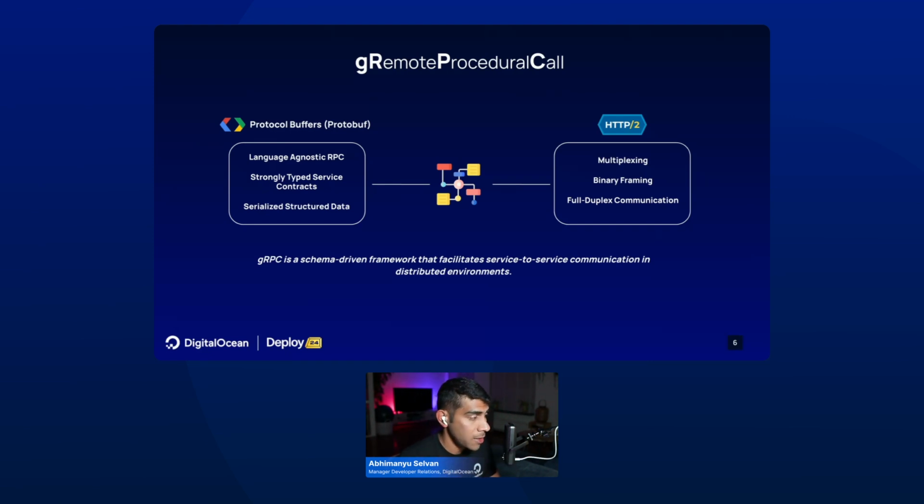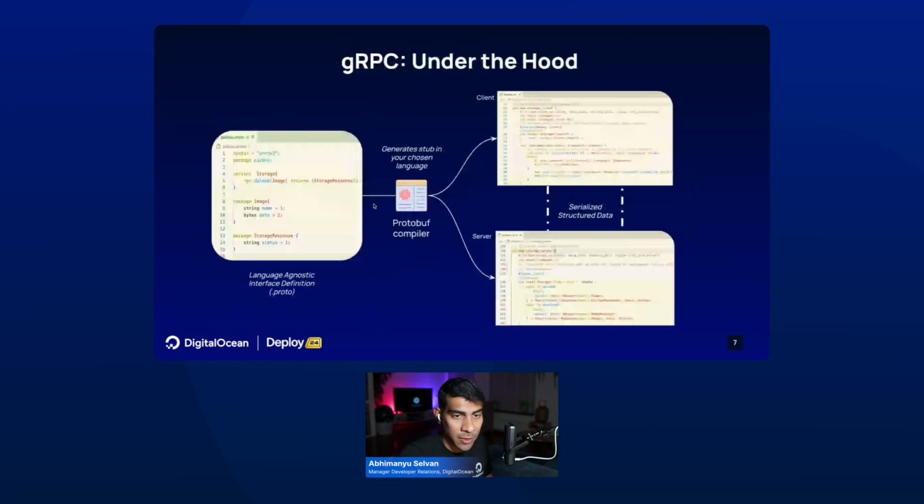And so, in the next slide, I'll show you an example of how we can define a proto file or the API, so to speak, in a language agnostic way, and then we'll see how the code is generated, and we'll go a bit further. So on the left side, what you see here is a proto file for the service called storage in our case, that has an RPC, remote procedural call, a method or a function basically called upload, that accepts a parameter image, and then it returns a storage response.